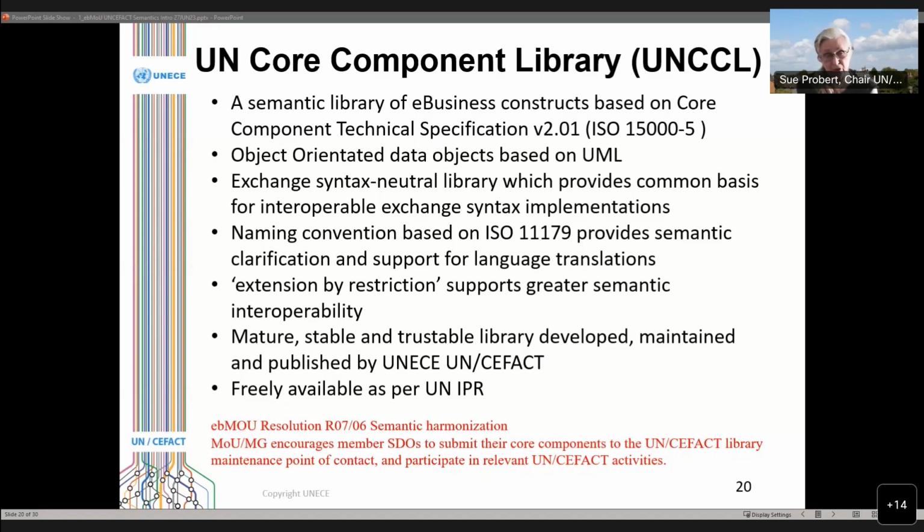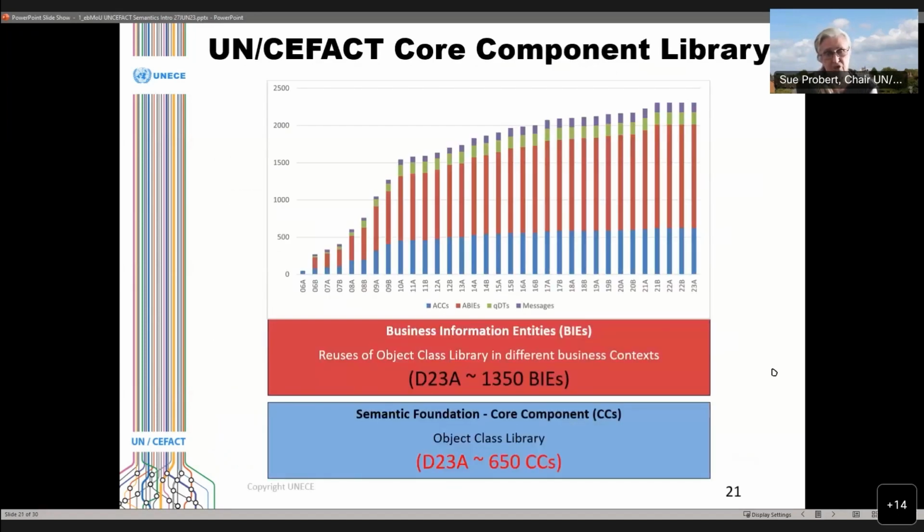This is something we could go through in more detail, but we don't have time today. But it's a very big flexibility, and we only extend by restriction so that we don't add anything that isn't already covered within the foundation, and this is the most important point. So we have a mature, stable, and trustable library developed over the years, as I will show you just now.